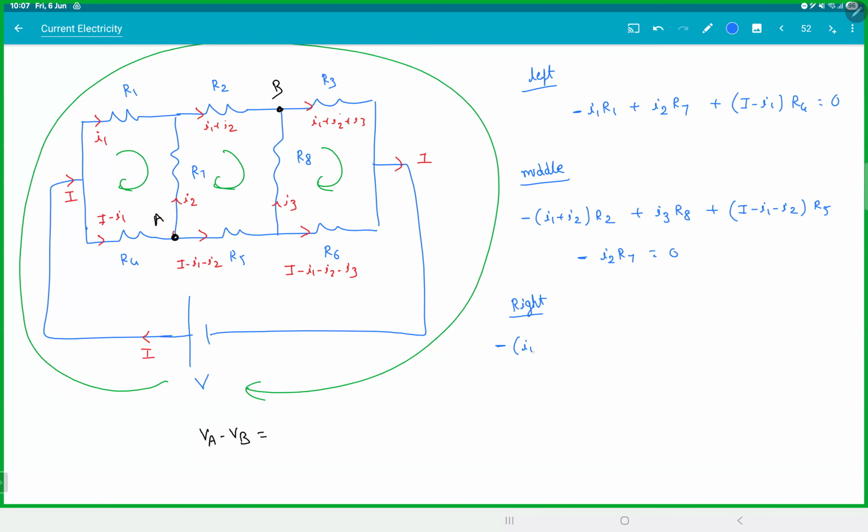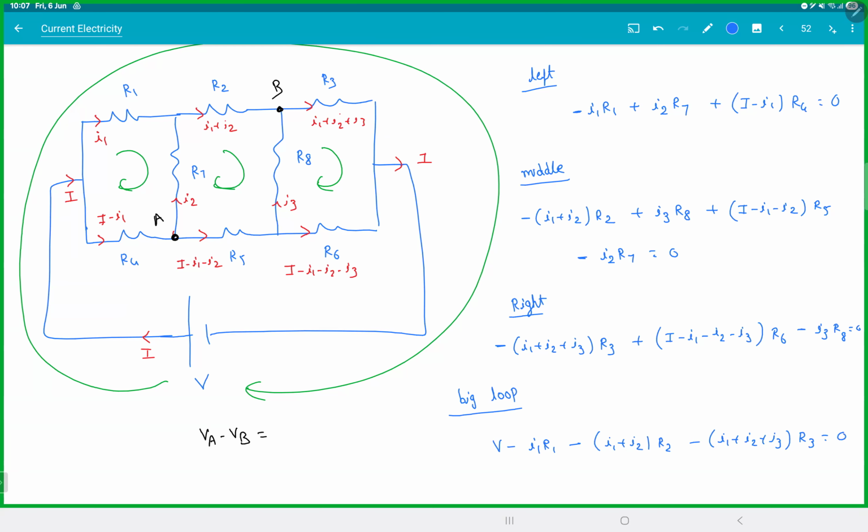The right loop is minus I1 plus I2 plus I3 R3. Then you're going minus I3 R8 is 0. If you go through the big loop, it will be V, I1 R1, minus I1 plus I2 R2, I1 plus I2 plus I3 R3, and back.